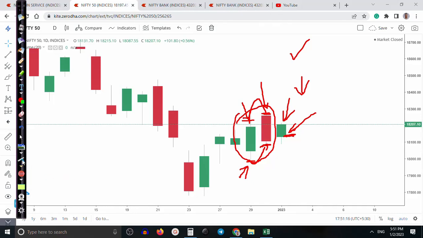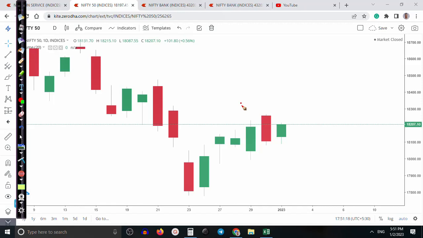Does it make sense? Here I can see the first higher point, lower point, and the lower point. Today we are looking for a buy only after breaking this opening point.